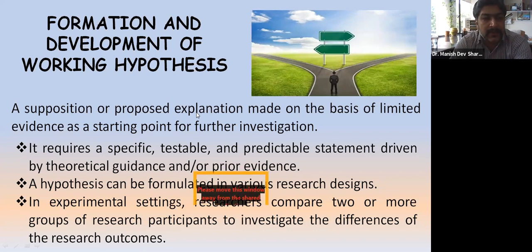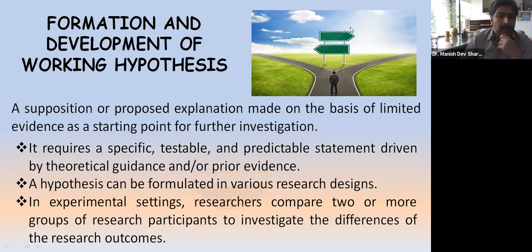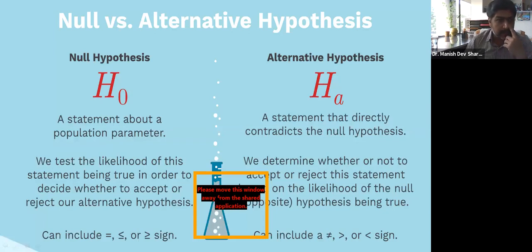A hypothesis can be evaluated in various research designs. In an experimental setting, researchers compare two or more groups of research participants to investigate the difference in research problems. By this way, you can develop your own working hypothesis. That will define how you can move ahead with the system.